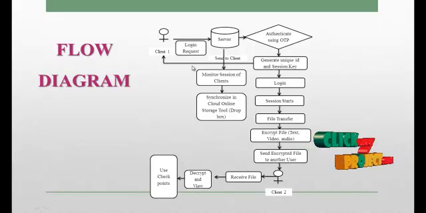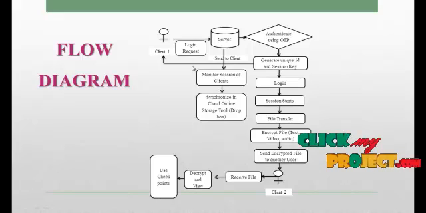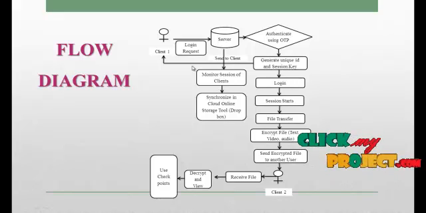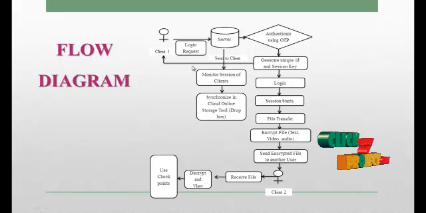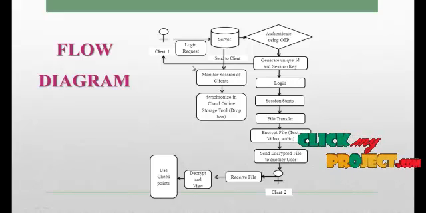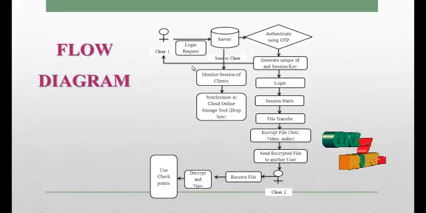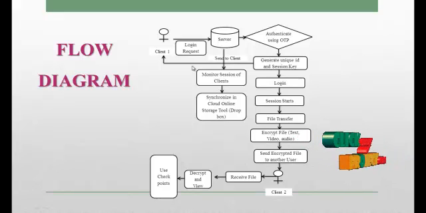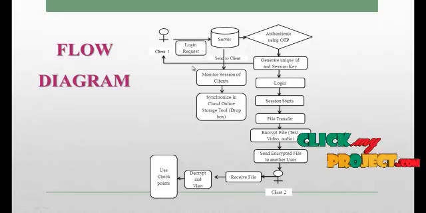Generate a unique ID and session key. Login and the session starts, and there you can transfer files, encrypt text, audio, video, send the encrypted file to another user, and the other user receives and decrypts those files. Using the checkpoints, we can restart the sessions.